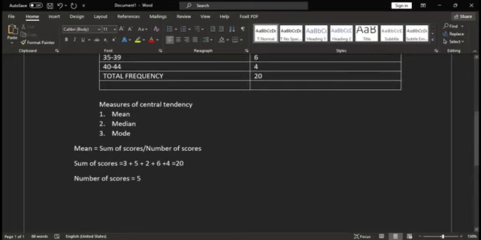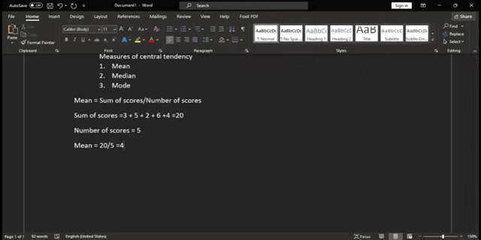Now, sum of scores over number of scores. Our sum of scores is 20 and our number of scores is 5. Therefore, mean will be 20 divided by 5, which will give us what? 4. So the mean will be 4. So this is just how to solve your mean.